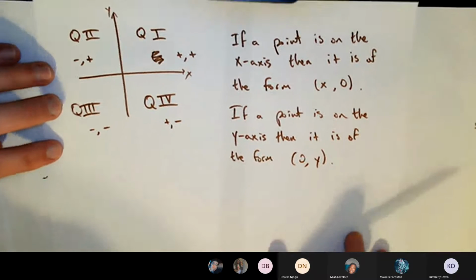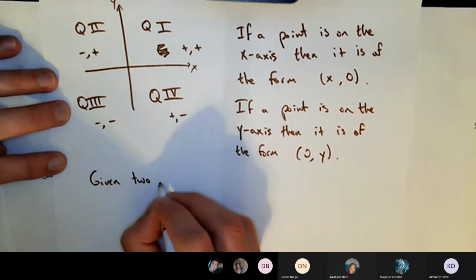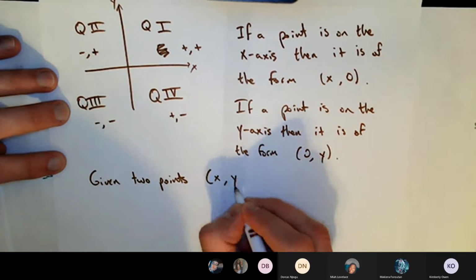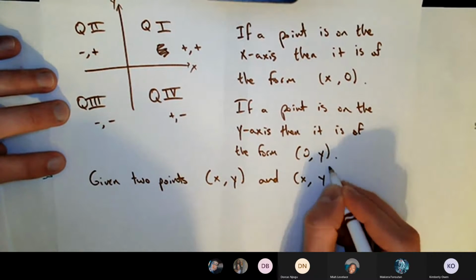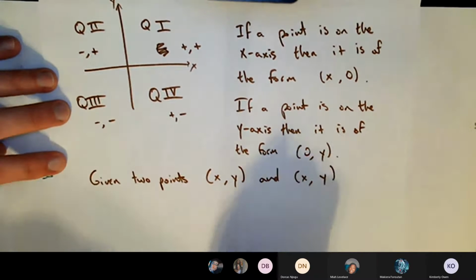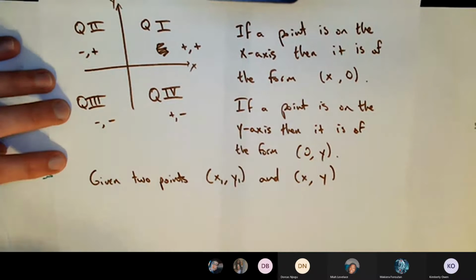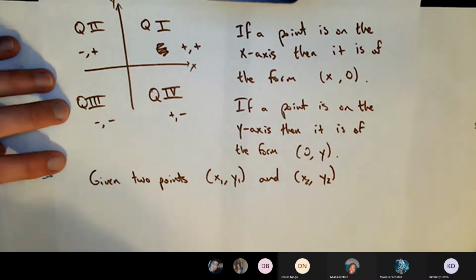All right, and we talked about the distance between 2 points. So given 2 very generic points in the xy plane, how can I make them generic? I just call them x, y. But if I want 2 points and I want to be able to distinguish between them, I call this the first point, so I subscript both of their letters with a 1. I call this the second point, so I subscript both of the letters with a 2.